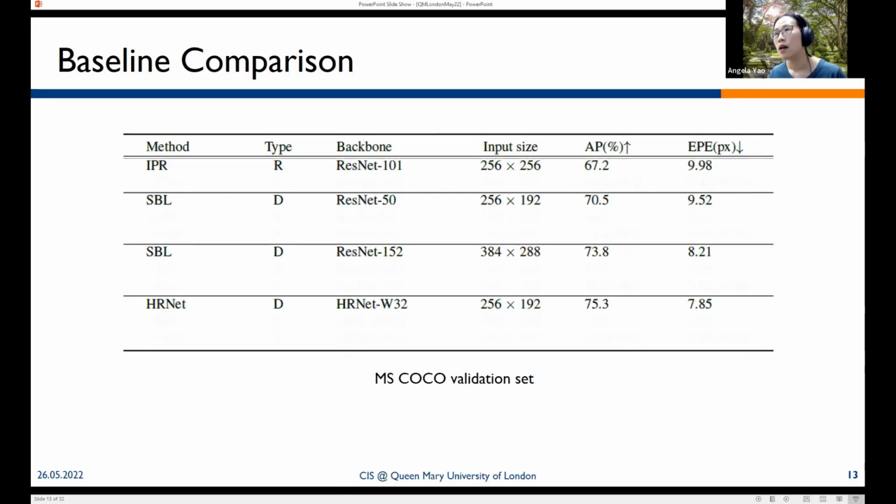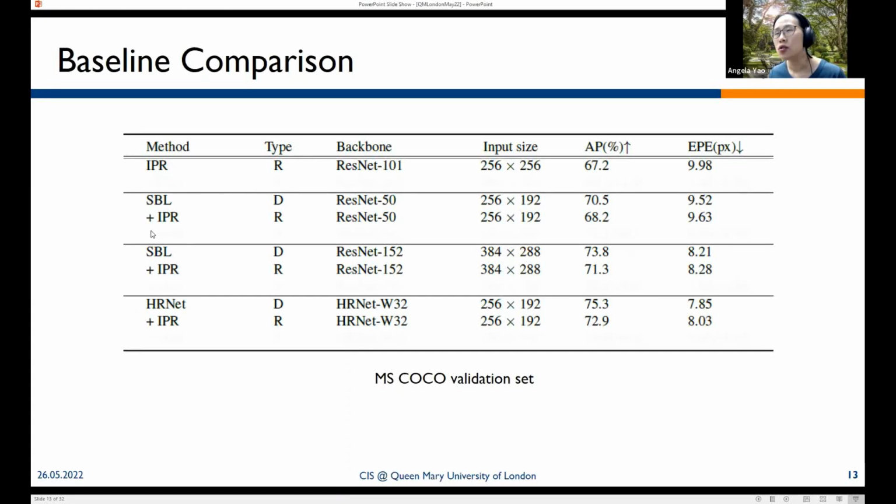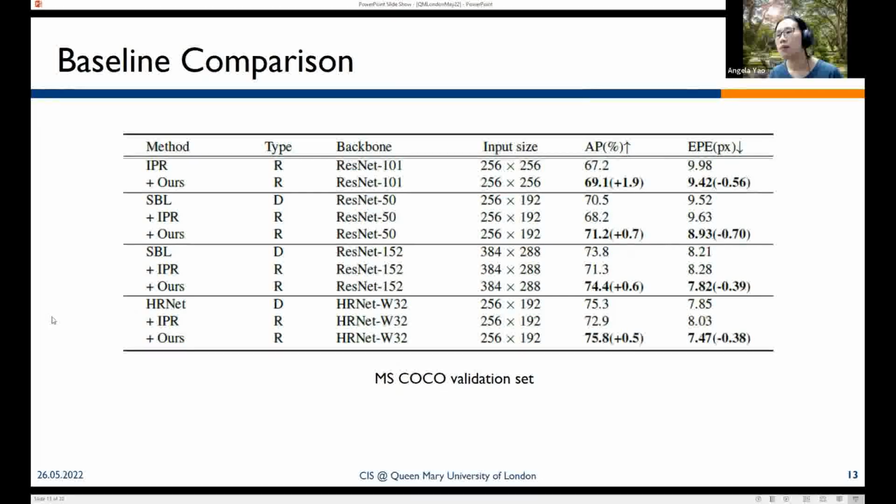Once we convert them into a regression setting, basically removing the very last argmax operation and instead inserting the regression operation, you can see that the performance always drops a little bit. But if you use our method of compensating for the bias, while still maintaining some of the training from detection at the beginning with the spatial heat map, then we can improve upon the original baseline itself.